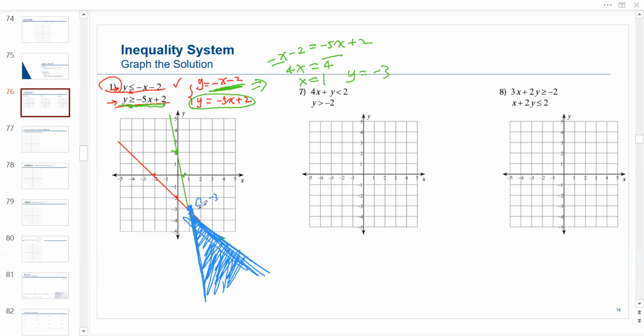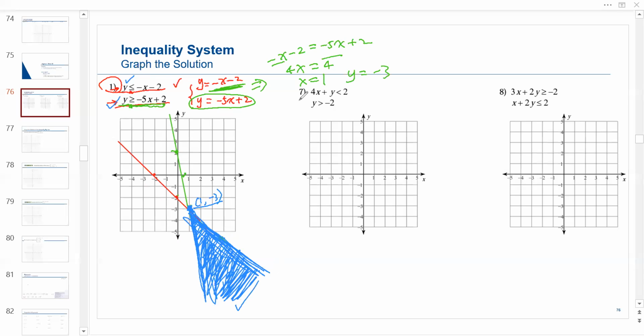We need to find their cross point and their border edge in the overlapping area. So this area meets both conditions: under this line, above this line, including here, right? This is the area we are looking for. So it's easy for us.